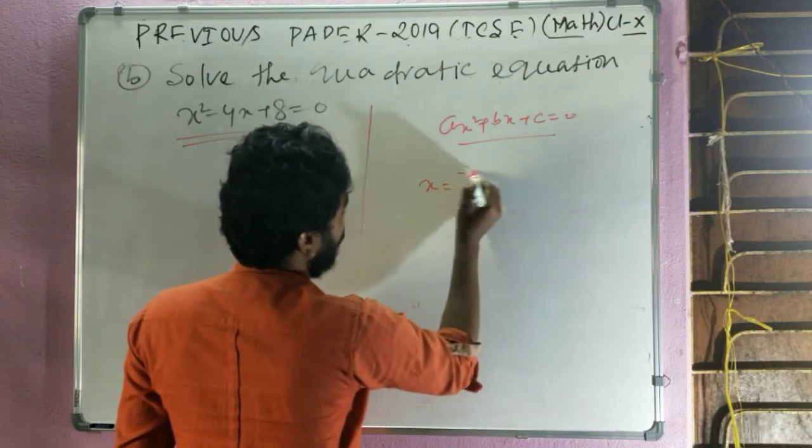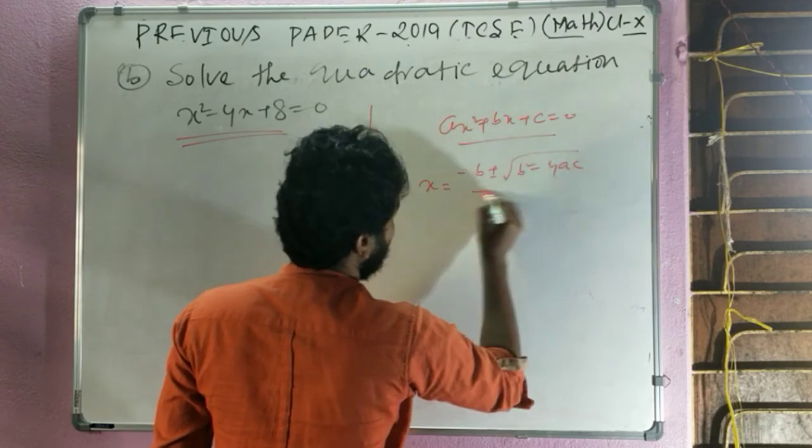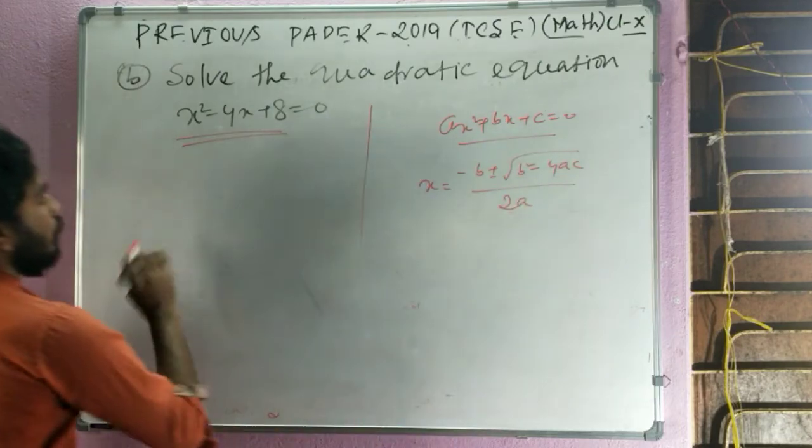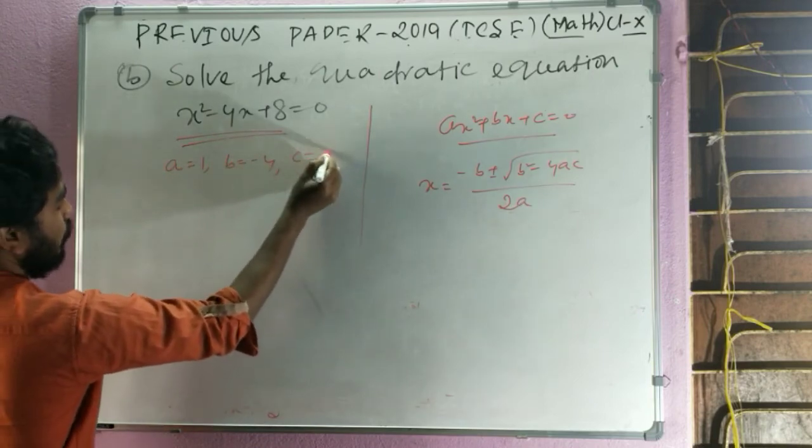We know that ax square plus bx plus c equal to 0 is the quadratic equation. It has two roots, minus b plus minus root over b square minus 4ac by 2a. Compare: a equal to 1, b equal to minus 4 and c equal to 8.